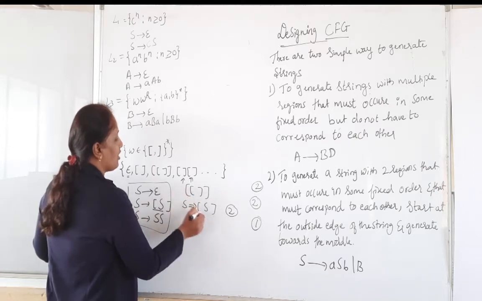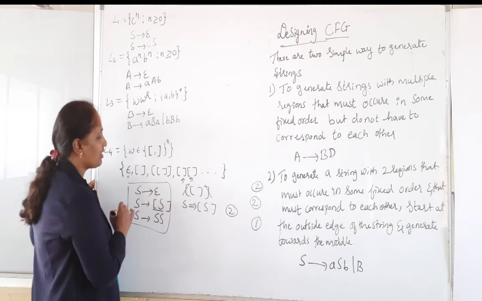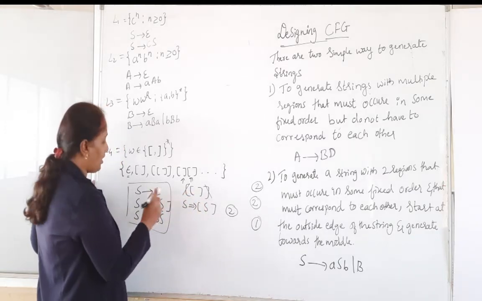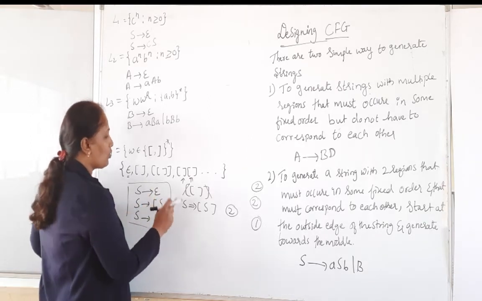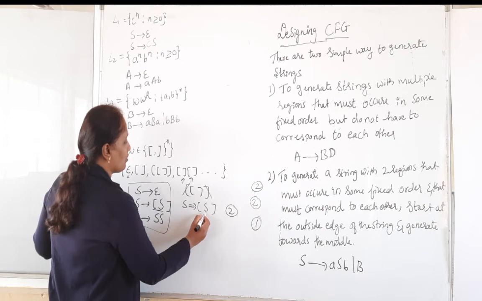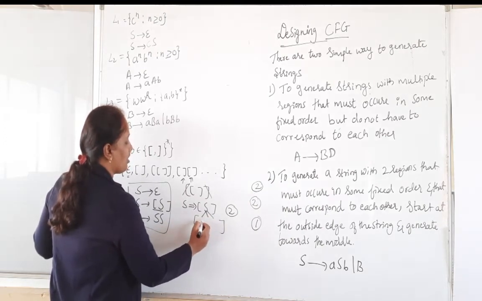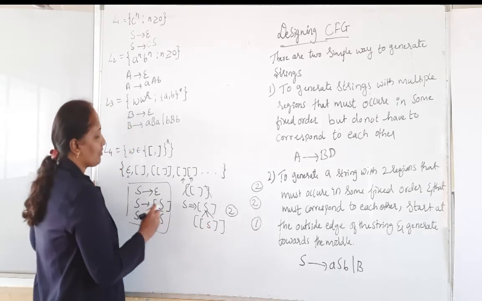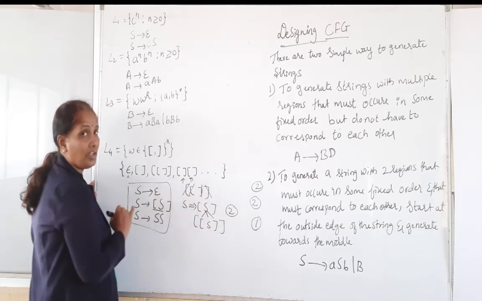Next, see, if I derive this, I am able to accept the outer brackets. Next, S must be derived in such a way that I get an inner bracket. So which rule am I going to use among these three? I am going to use rule 2 again. So using rule 2, I will derive this S as what? Open bracket, S, close bracket. Next, after derivation, what do I get? I get the inner brackets also.